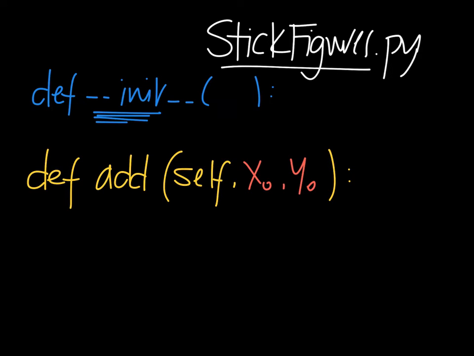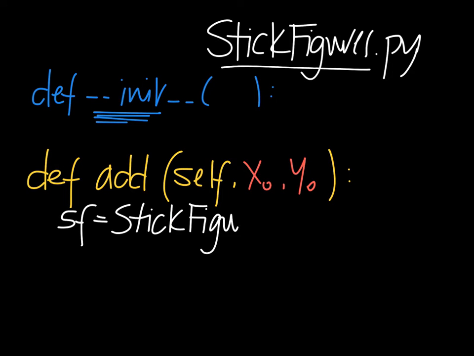So what am I going to do inside the stick figures? Well, I'm going to let's use a different color, bear with me a second. I am going to call the stick figure constructor, and I'm going to pass it x0, y0, as I did previously, but now this is inside the stick figures class.